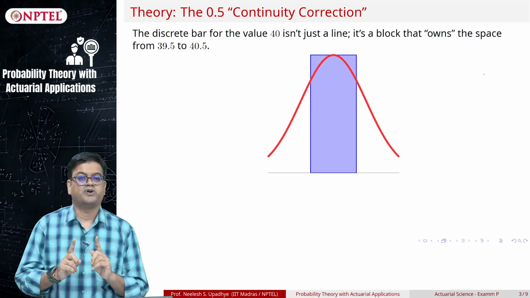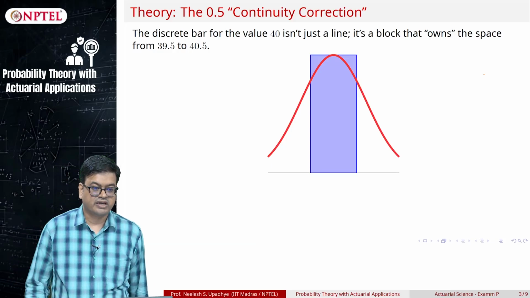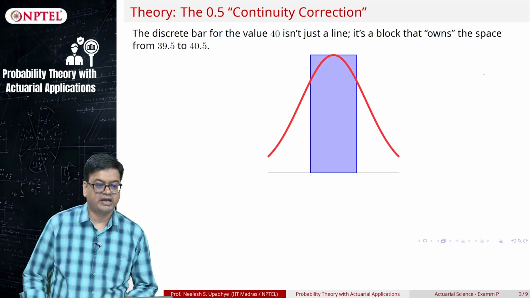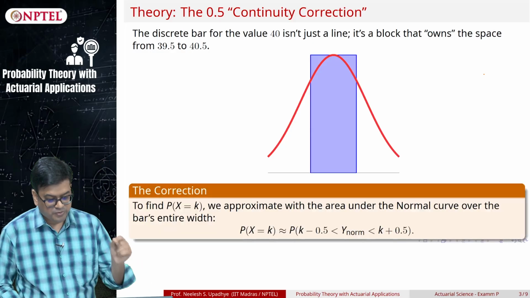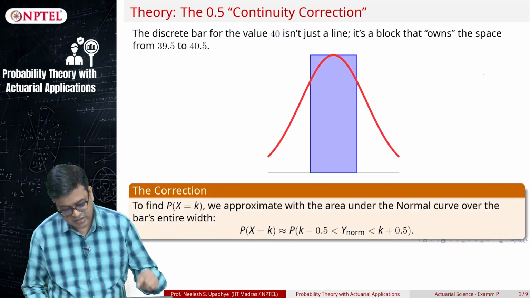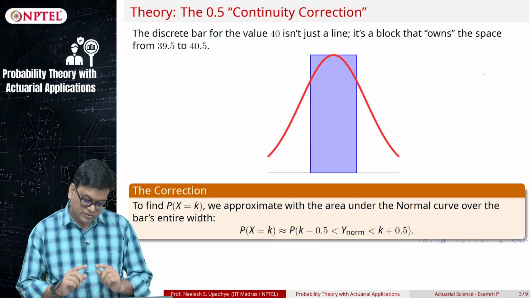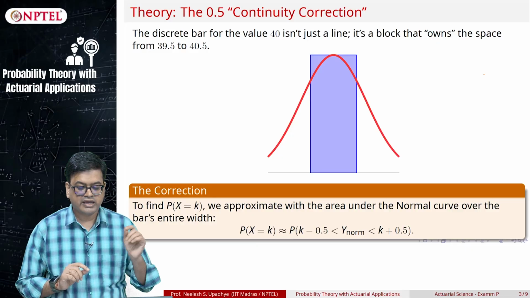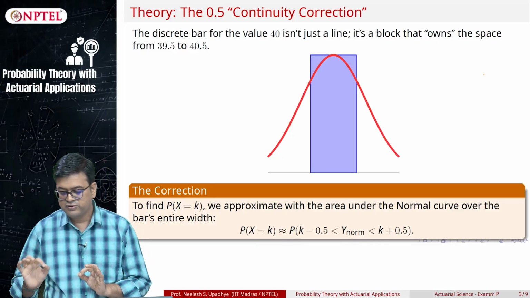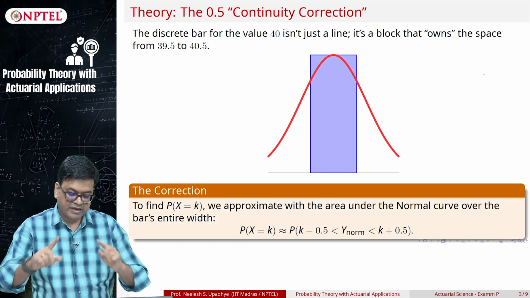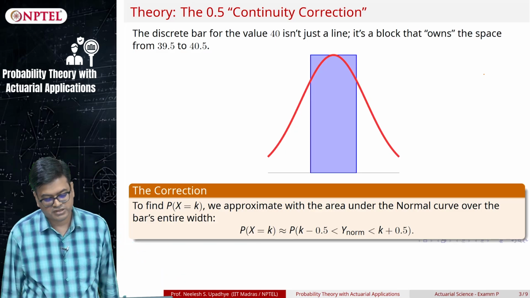from 39.5 to 40.5. Now, with this in mind, if you look at the probability of x equal to k, then you will split that over k minus 0.5 to k plus 0.5 and approximate with this bell shaped curve.